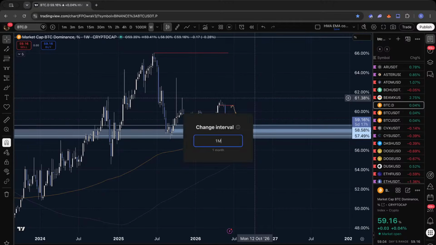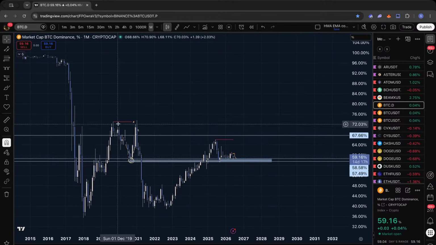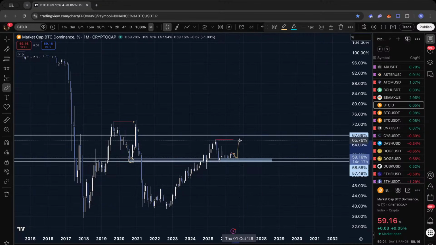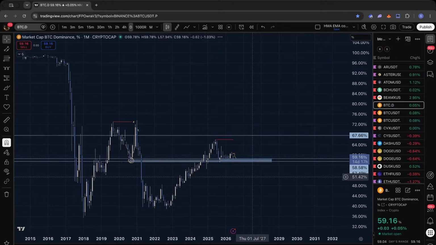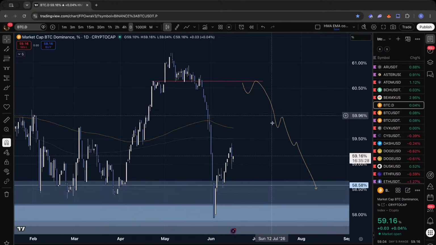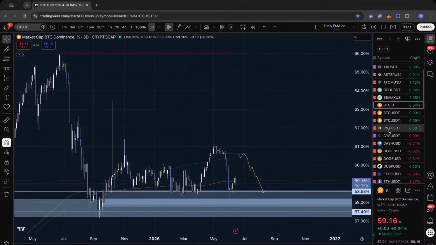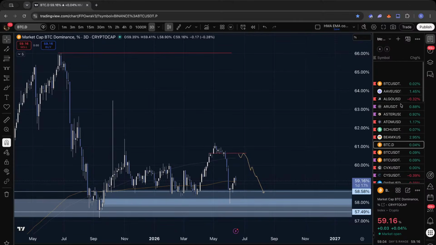That's a daily time frame, but on monthly I do think we are witnessing exactly the same. As long as we hold the 57% to 58% area, I think we can see something like this, and that would be the local top for Bitcoin dominance, exactly like we witnessed here. So there might be more strength in Bitcoin dominance than it shows.